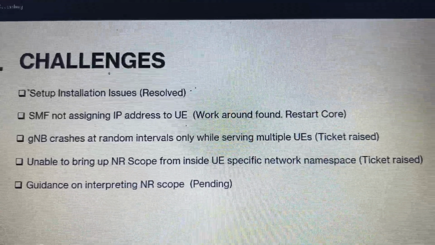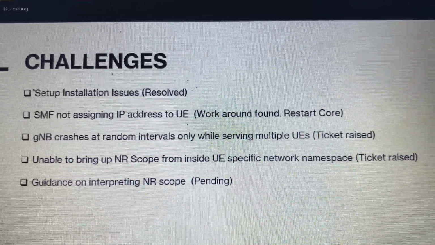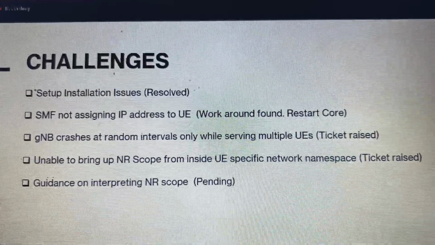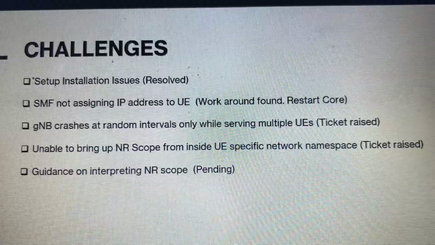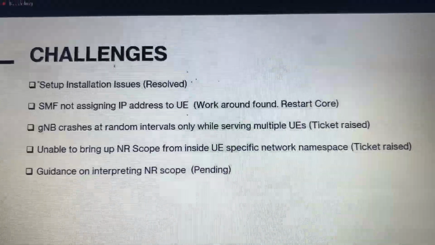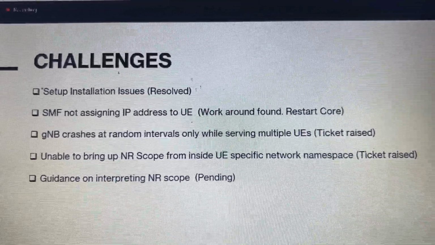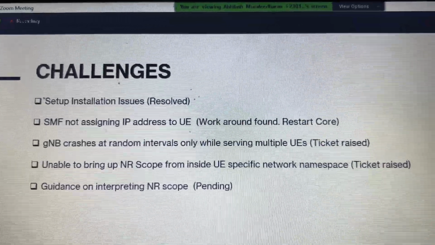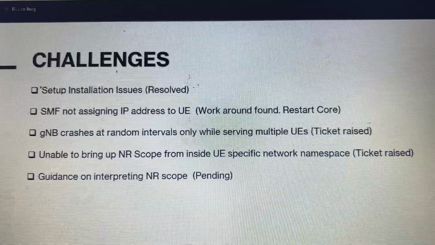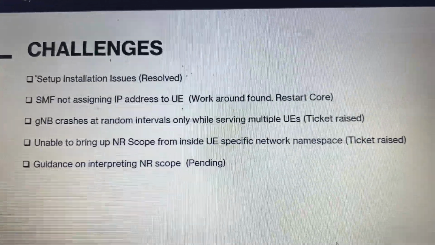But for multiple UEs, we invoke the UE executable from inside a network namespace, and from there you can't even bring up the UE instance because it is unable to display the NR scope. So we had to run it without the NR scope mode. For that also, I raised a ticket by sending an email.